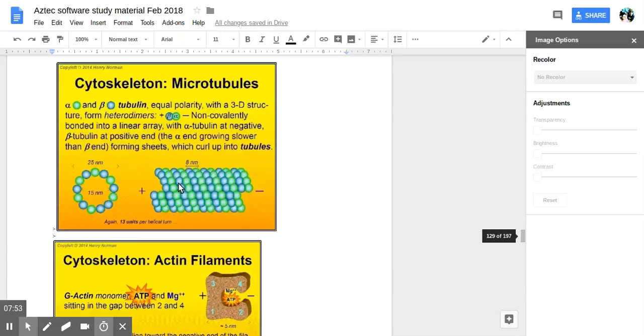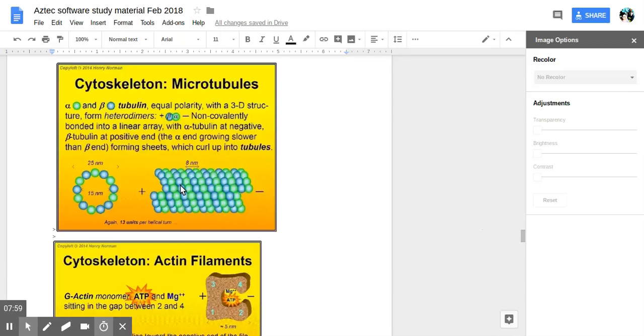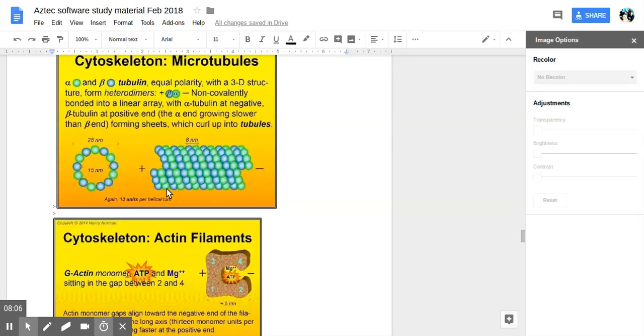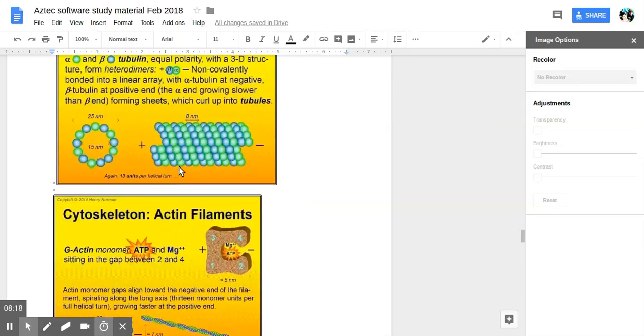The alpha end is growing slower than the beta end, forming sheets which curl up into tubules. So that's the way the microtubules look, made out of little tiny units of alpha and beta tubulin. There are 13 units of tubulin per helical turn.